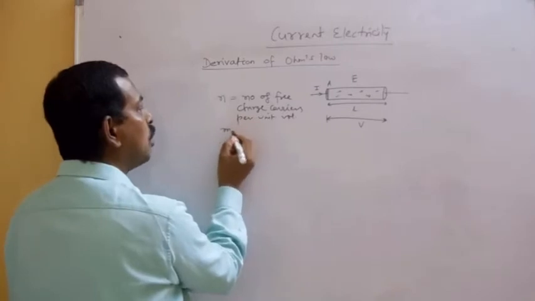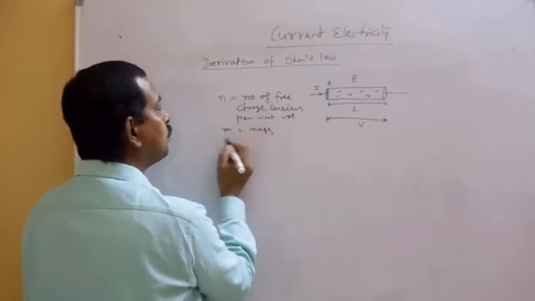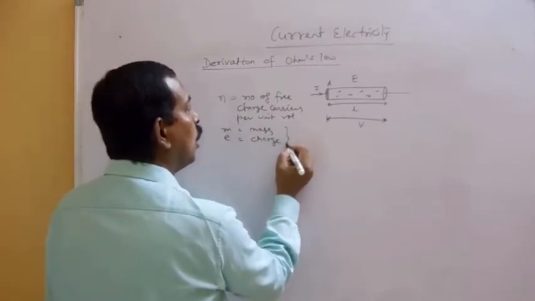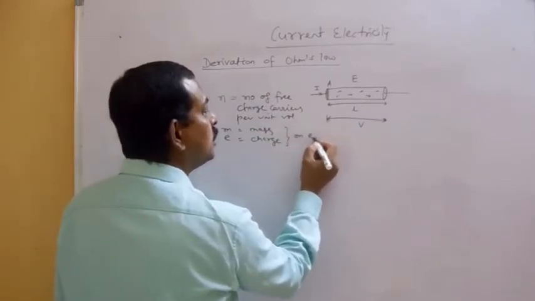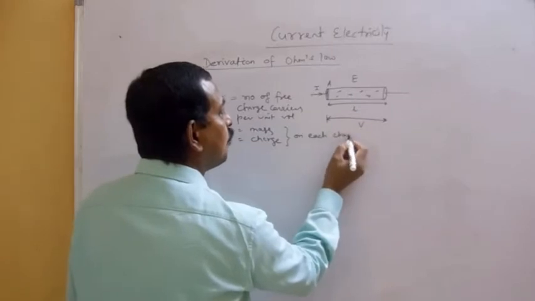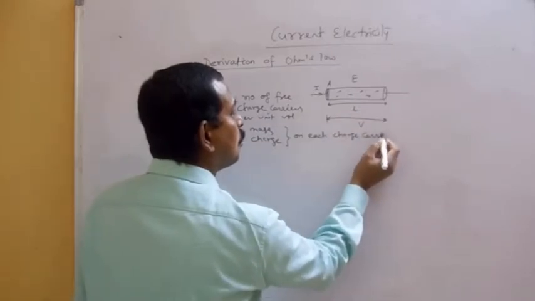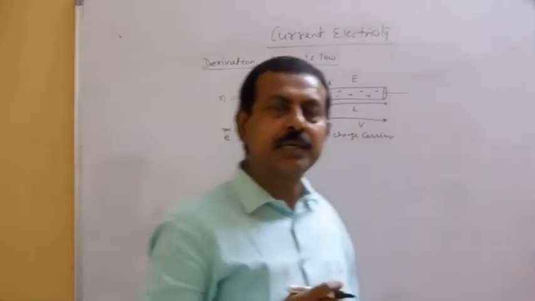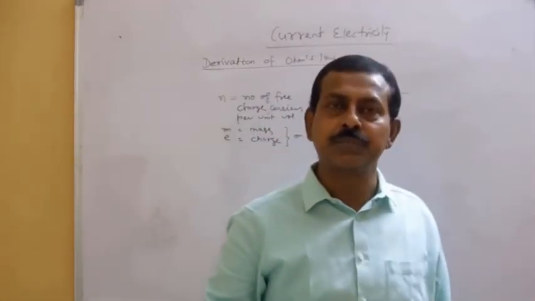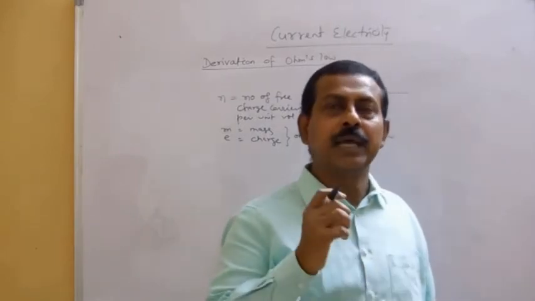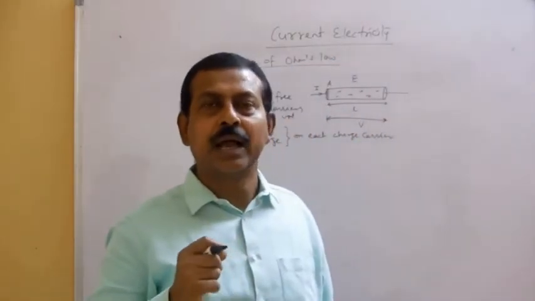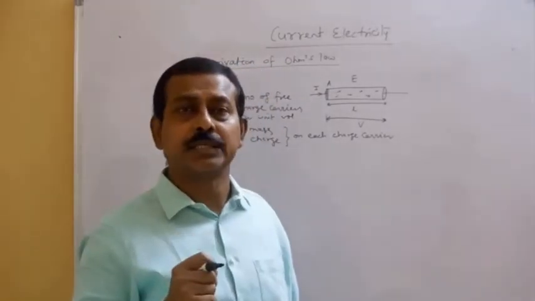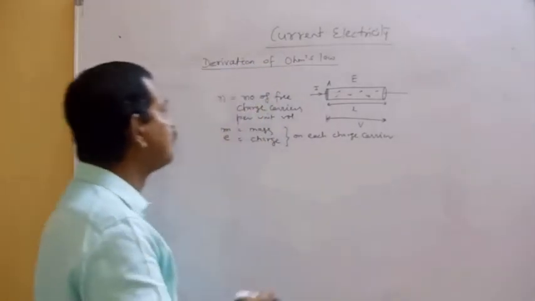And a small m is the mass and e is the charge on each charge carrier. So charge carrier here, if you are taking conductor, it will be the electrons. So we'll be taking that m is its mass and e is electric charge on the charge carrier, that is the charge on the electron there.